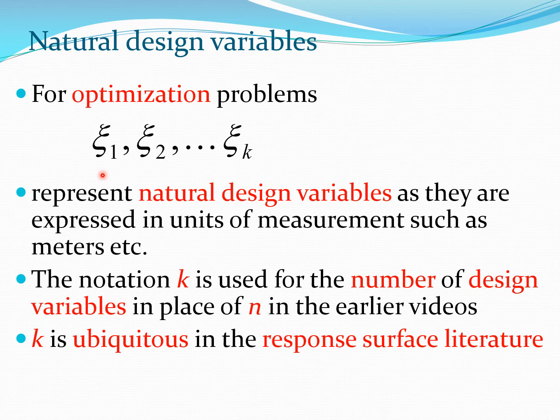Or they could be something like one could be height, one could be weight, and some different parameters such as those. Now, instead of using n for the number of design variables, we typically use k in this chapter because that has been the widely used convention in the response surface literature. So essentially, we will use xi1, xi2 to xk as the natural design variables for the problem.